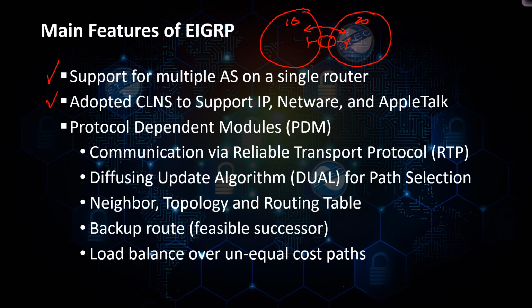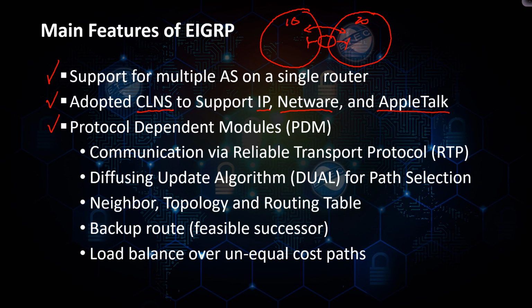Next on the list, a few years after the development of EIGRP, Cisco adopted the Connectionless Network Service, or CLNS. This allowed them to support IPv4, IPv6, Novell NetWare, or IPX/SPX, and AppleTalk. We went over the Protocol Dependent Module, or PDM.